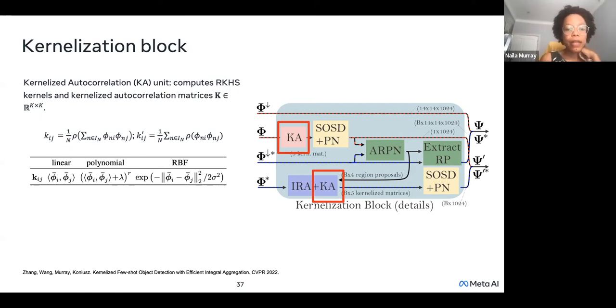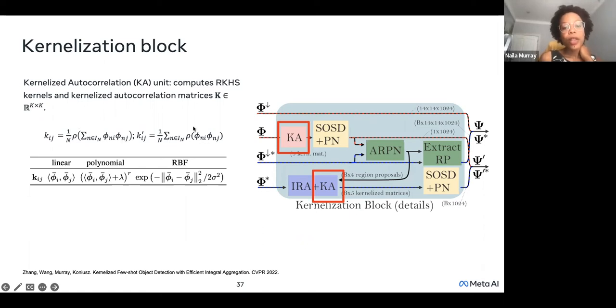And each element of that matrix, for example Kij, is going to be computed in one of 2 ways. You can compute the outer product between 2 of the feature vectors within your feature map. Then you sum over all of the features you have, and then compute a nonlinearity, which would be the kernel function.